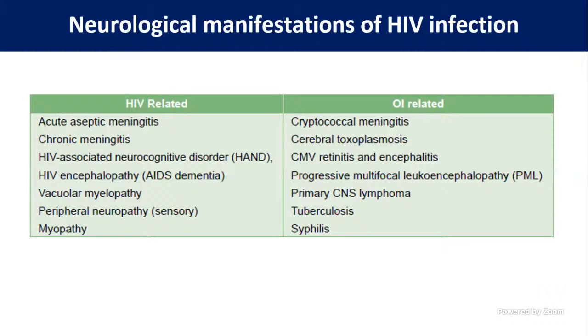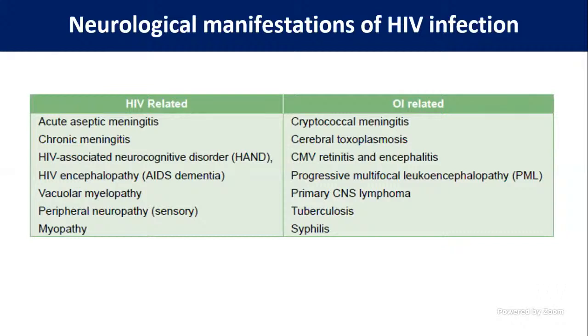The HIV-related neurological manifestations are acute aseptic meningitis, various forms of chronic meningitis, HIV-associated neurocognitive disorders, also called HAND, one type of which was earlier known as HIV-associated dementia, HIV encephalopathy, vacuolar myelopathy, which involves the cord, peripheral neuropathy, which involves the nerves, and myopathy, which involves the muscles. So all these are neurological manifestations of HIV infection.